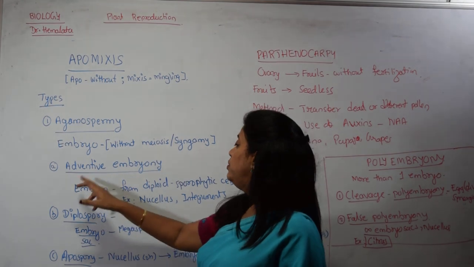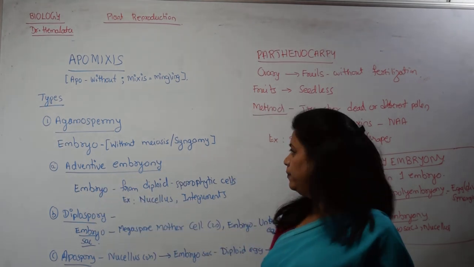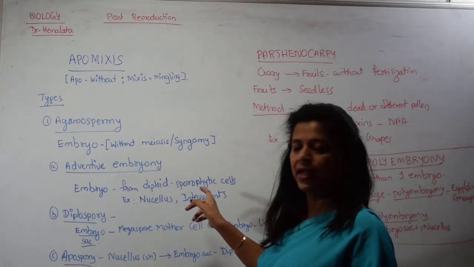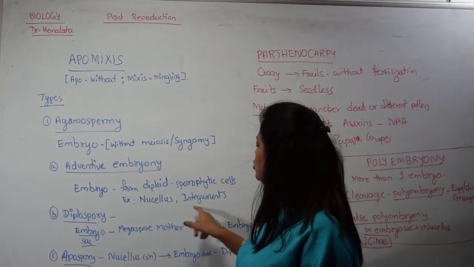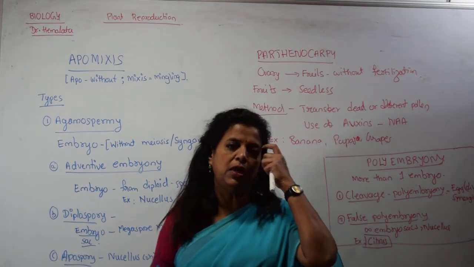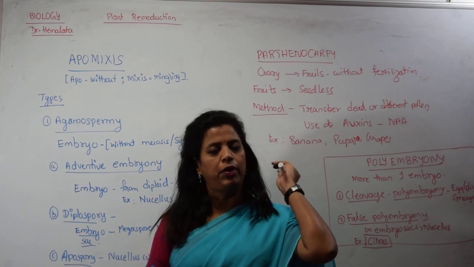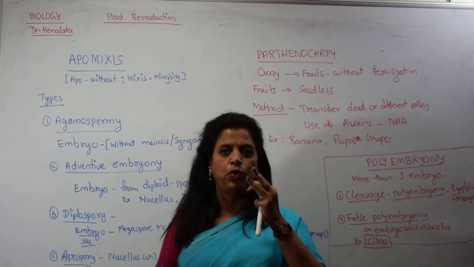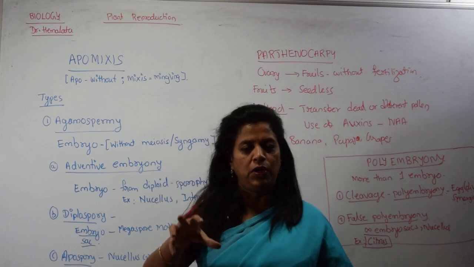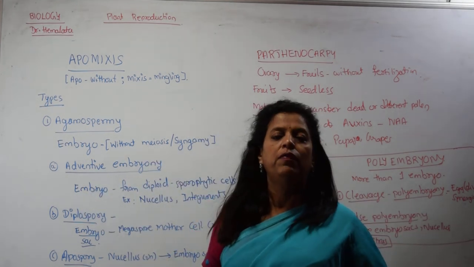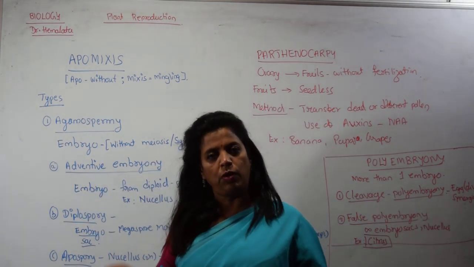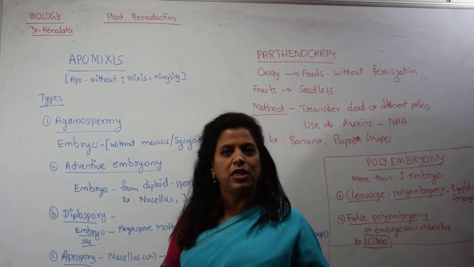It means the embryo is developed from any diploid cell, that is the sporophytic cell, mainly the nucellus or the integuments. I told you earlier when we were talking about megasporogenesis that only from nucellar archesporial cells the others will differentiate. They will undergo meiosis and form the megaspore mother cell, then megaspores and everything.